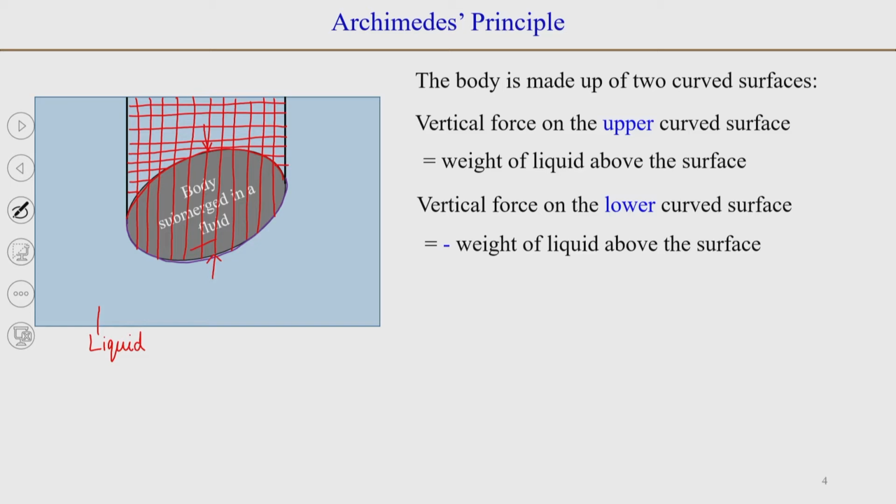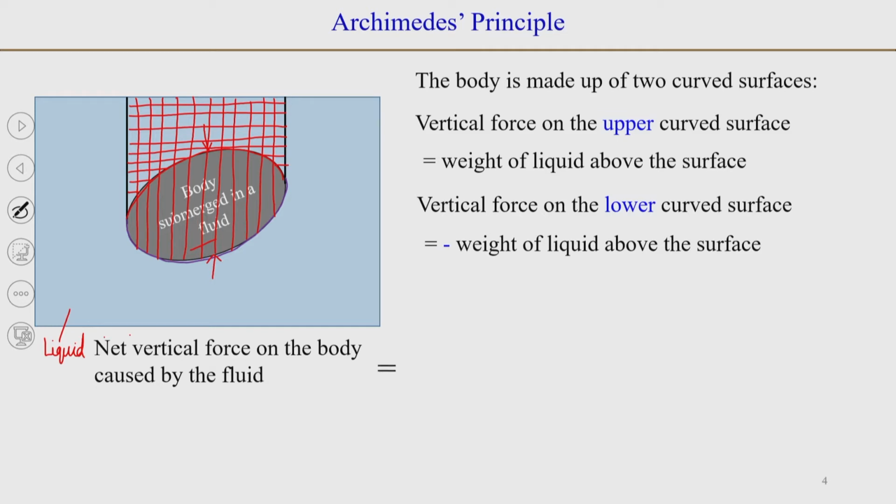So, if we combine the two, the net vertical force on the body caused by the fluid will be the net vertical force on these two surfaces, which make the surface of the body.